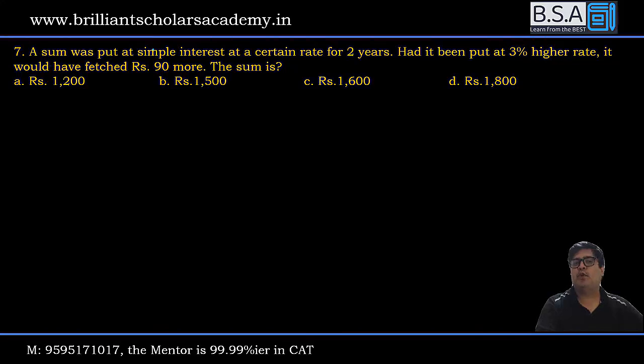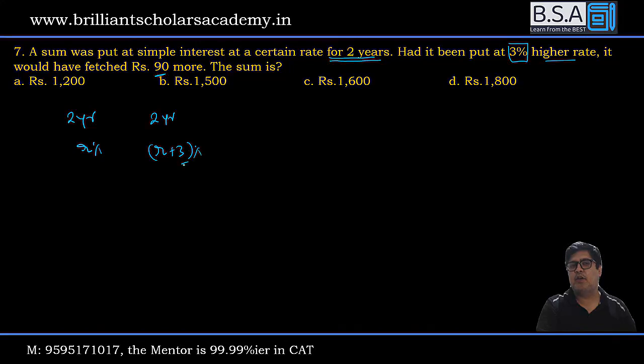A sum was put at simple interest at a certain rate for 2 years. Had it been put on 3% higher rate, it would have fetched rupees 90 more. We are being told for 2 years there was R percentage interest. But for 2 years, if the interest was 3% more, there would have been 90 rupees more.